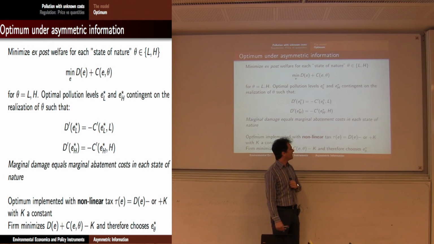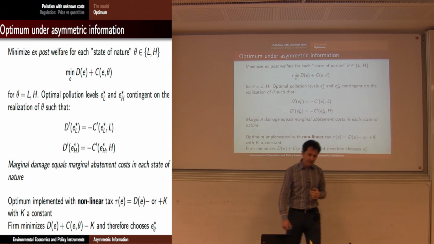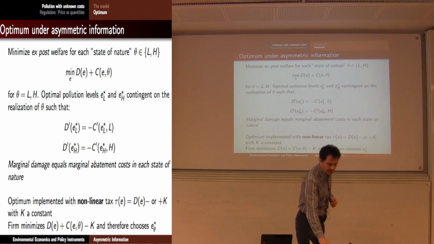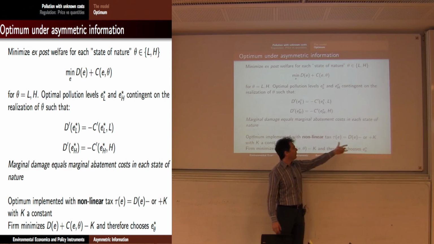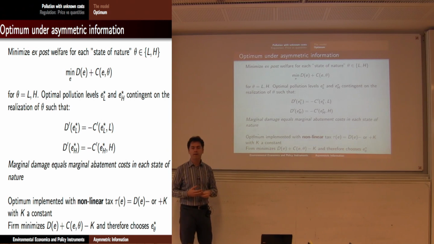So if you tax at a rate which is equal to the damage function plus or minus some fixed constant parameter, then you get the first best. Then you provide incentive for firms to emit at the first best.